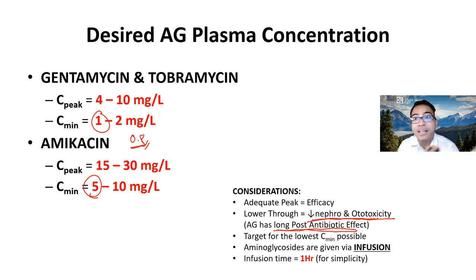Bakit? Kasi nga, class, aminoglycoside has a long post-antibiotic effect. Meaning, even if the trough concentration is less than the minimum inhibitory concentration, it can still exert its antimicrobial property. Are we clear? Plus the fact, class, na kapag mas mababa ang trough concentration natin, mas less ang chance na magkaroon ng nephrotoxic or ototoxic problem ang patient natin.